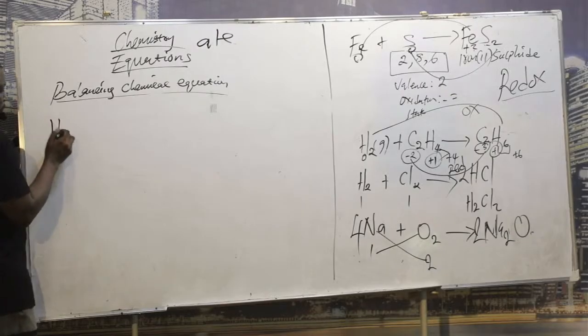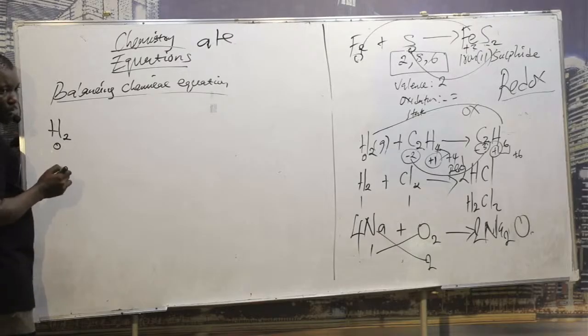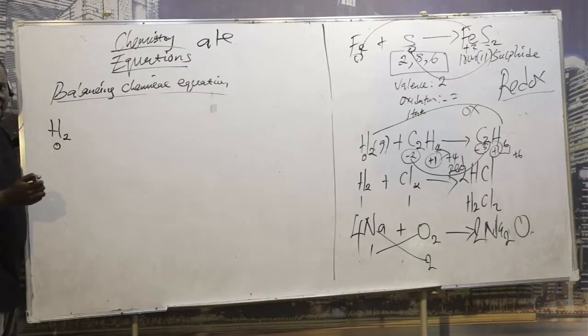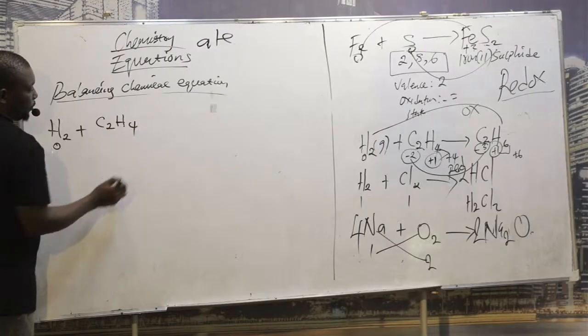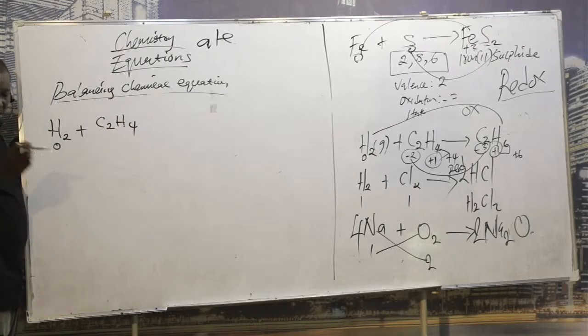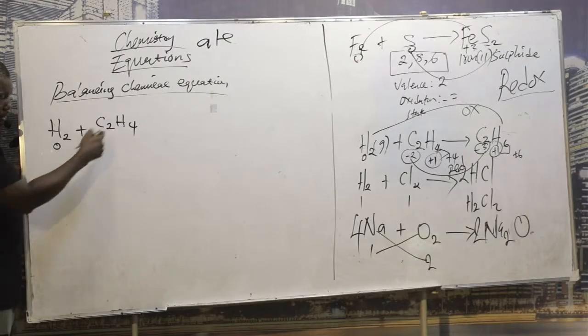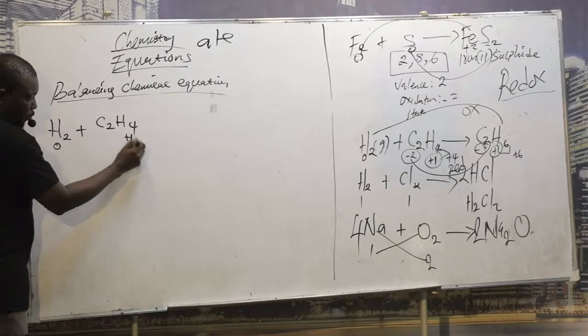We have H2, which is 0, bearing in mind that the oxidation number of a free element in a molecule is 0, plus C2H4. The sum of the oxidation numbers of every atom here is 0. Are you with me? But for H alone, it is plus 1.